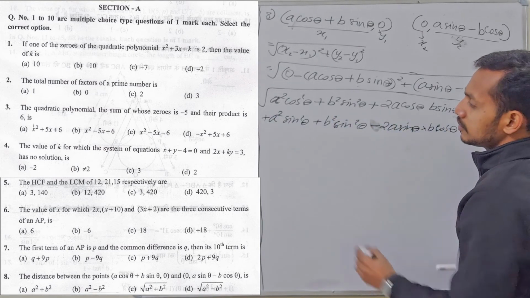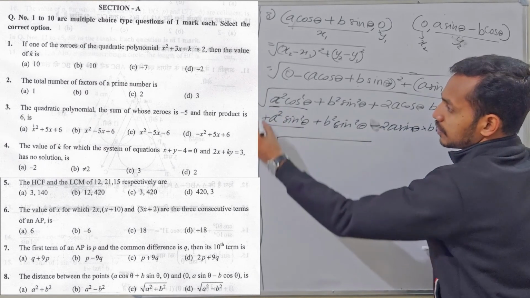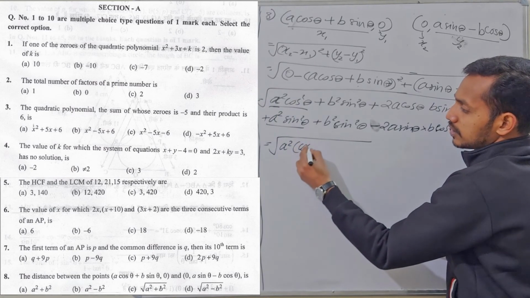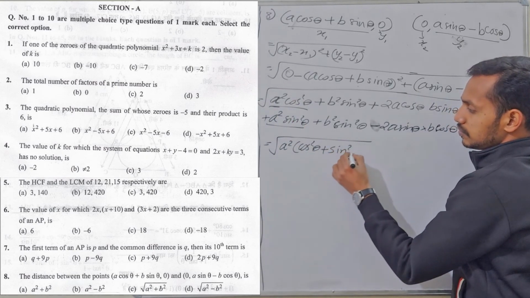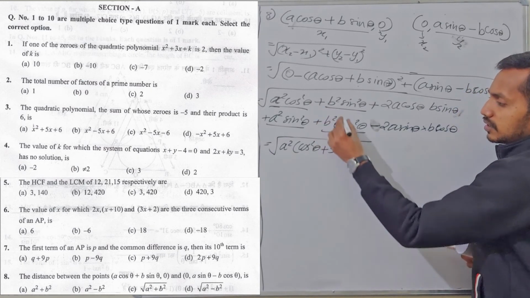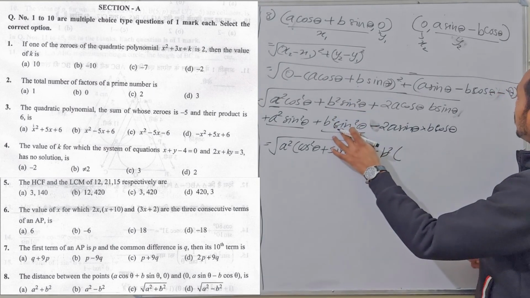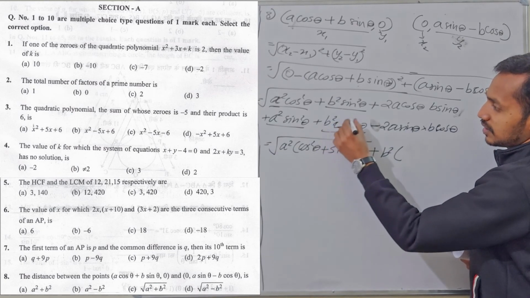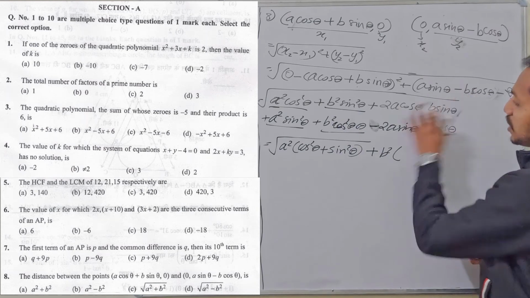Here a square is common in both terms, so take it outside. A square into the remaining cos square theta plus sin square theta. Clear? Plus b square is common, so taking b square outside, b square into sin square, oh sorry, here it is cos. I wrote it wrong. B square cos square theta, because the term here is b cos theta.